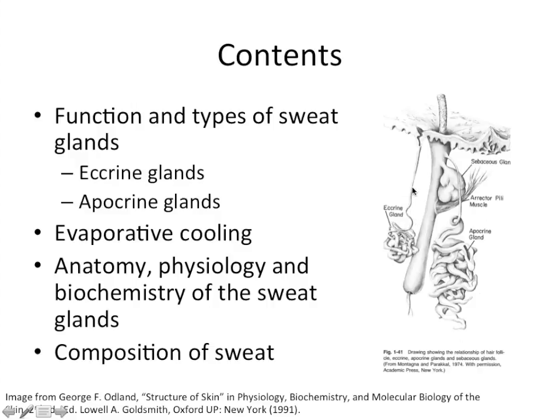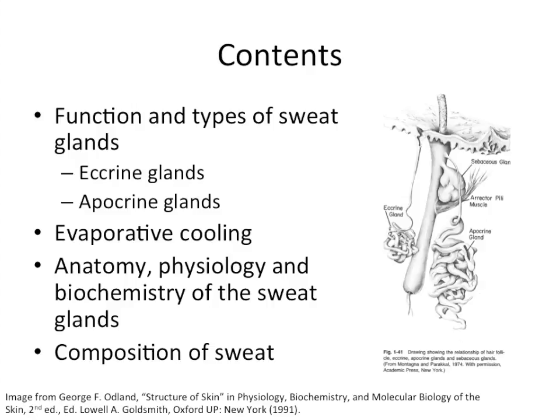And then you have what's known as the duct, and the duct actually goes directly up to the skin surface. And when you see beads of sweat, those are essentially sweat that's coalescing from multiple eccrine gland exit points.